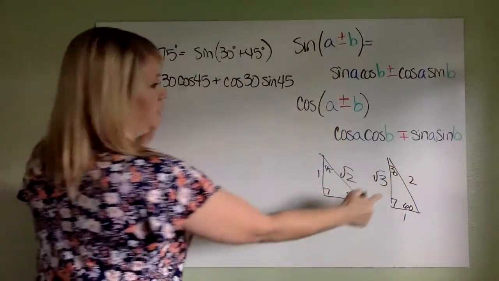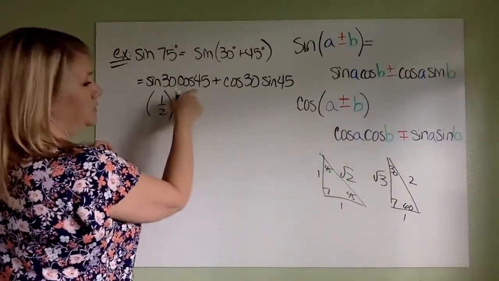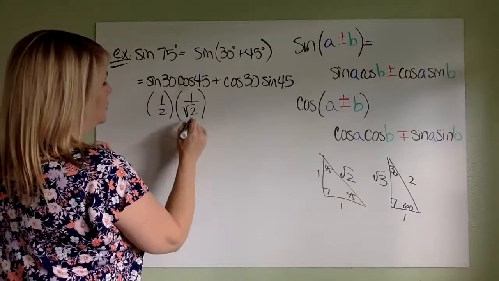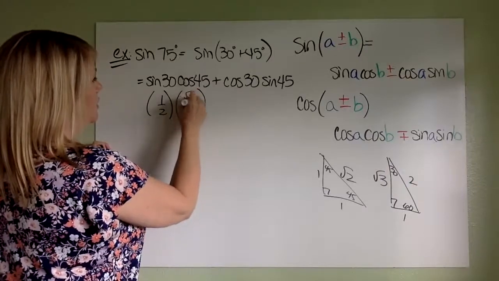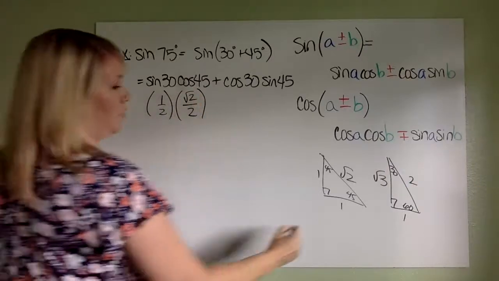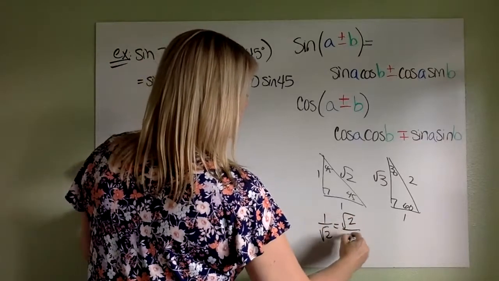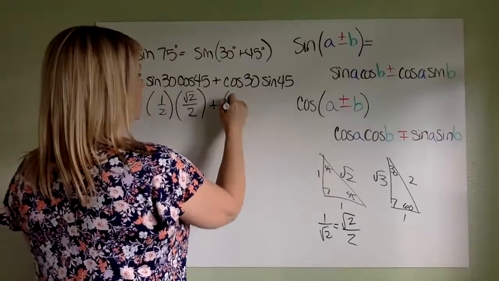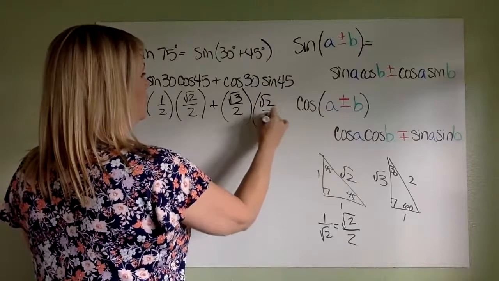So the sine of 30 degrees is 1/2. The cosine of 45 is 1 over the square root of 2. You could also use square root of 2 over 2, which is what I'm going to do here. Remember that 1 over the square root of 2 is the same as the square root of 2 over 2. And then cosine 30 is square root of 3 over 2, and sine 45 is square root of 2 over 2 again.